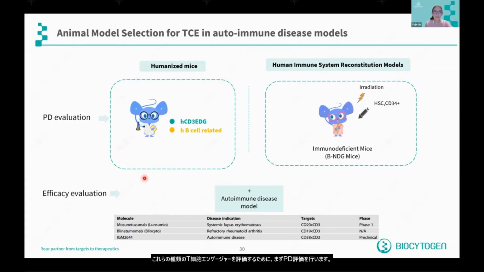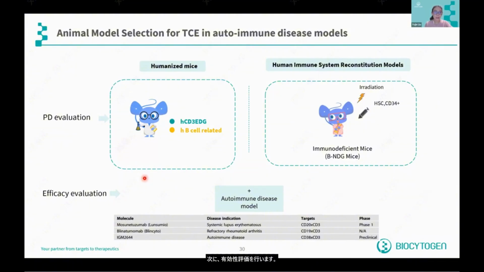For the evaluation of these kinds of T-cell engagers, we can first do some PD evaluation. We use different kinds of mice without any modeling, just give them test articles, and try to detect whether the B cells in the mice can be depleted after the treatment.